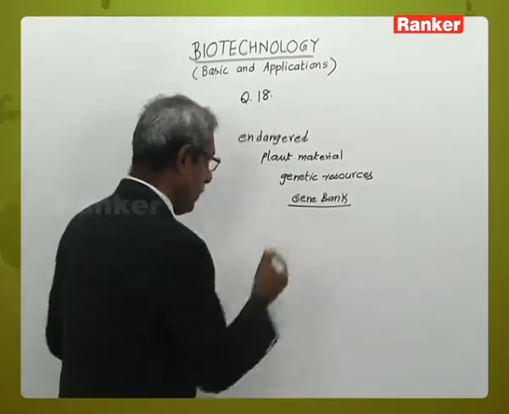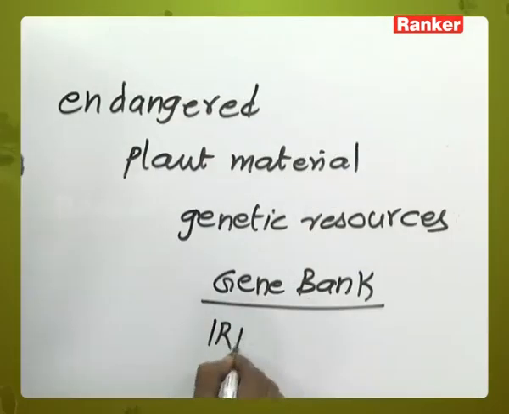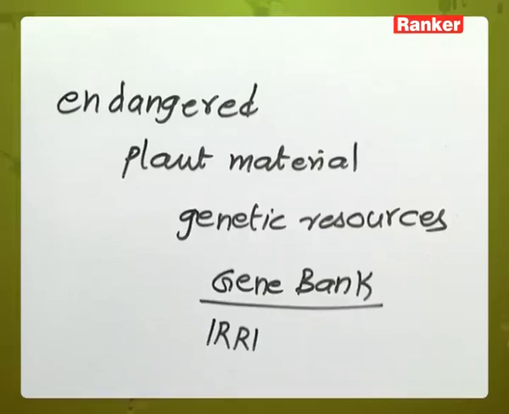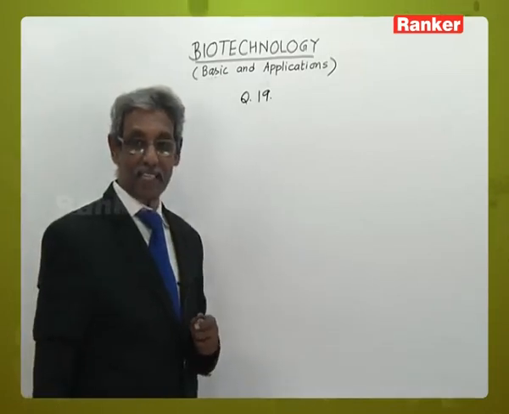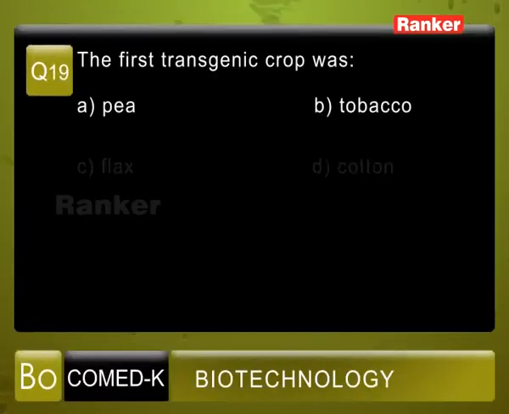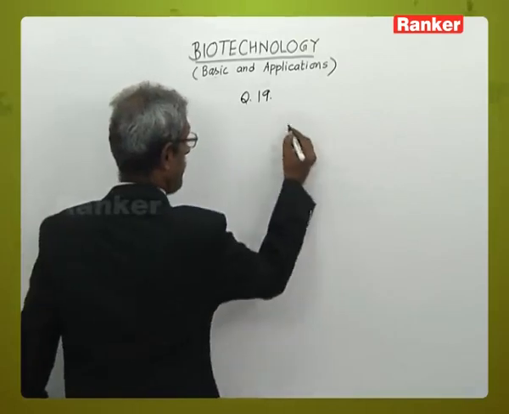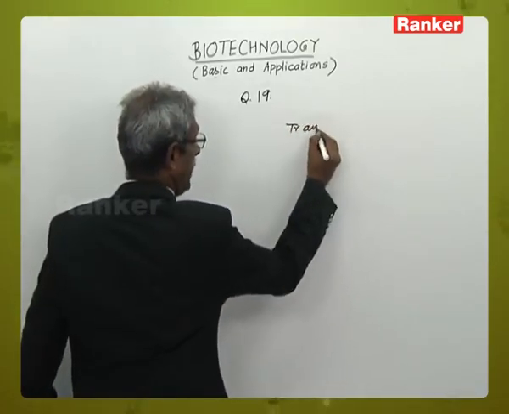A gene bank is present at the International Rice Research Institute in the Philippines, and the answer is B. Question number 19 states the first transgenic crop. The first transgenic crop was tobacco.